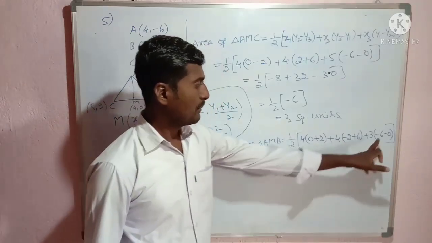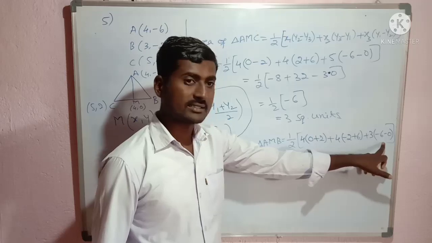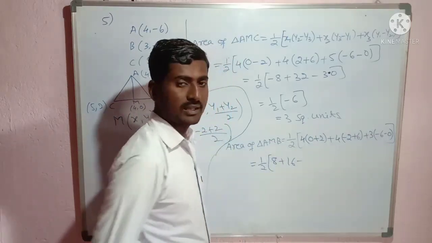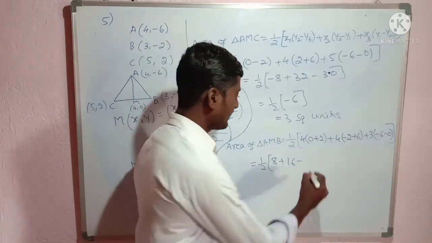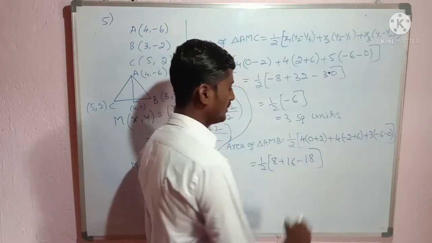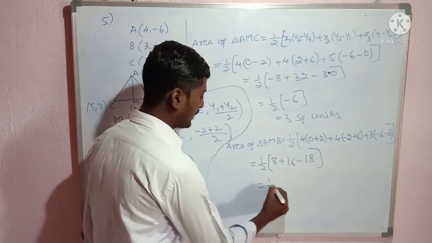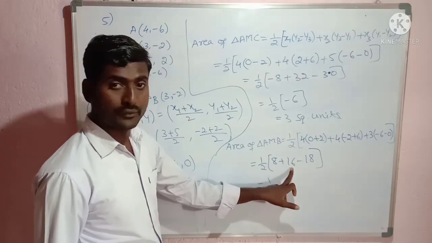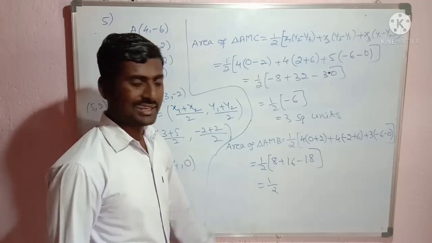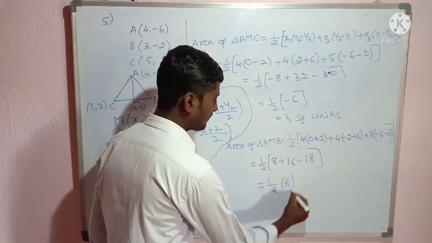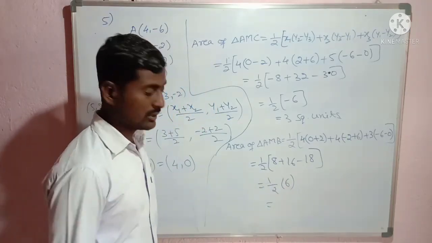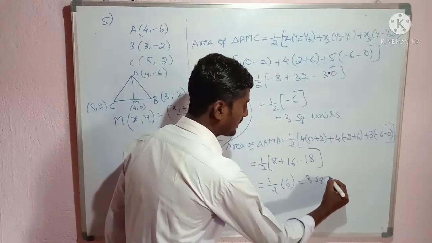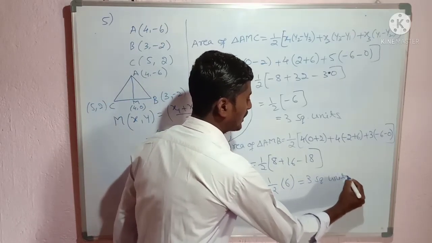Then minus 6 minus 0 is minus 6, minus into minus, minus into plus it is minus, right? 6 3s are 18. Now this equals 1 by 2 into 16 plus 8, how much is it? 24. 24 minus 18 is 6. Again we got 6 by 2, which is equal to 3. So that is 3 square units.